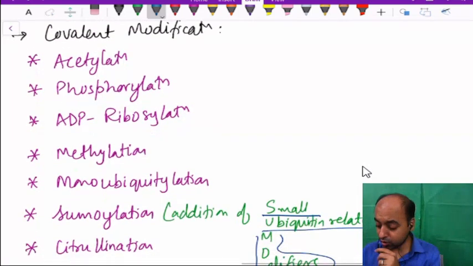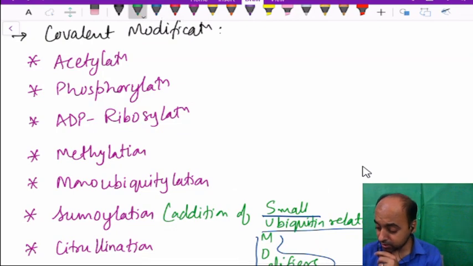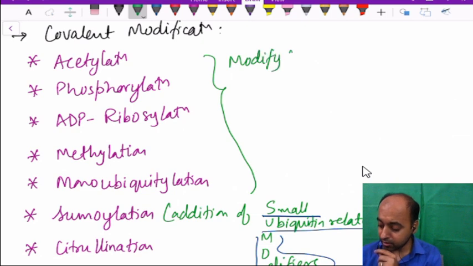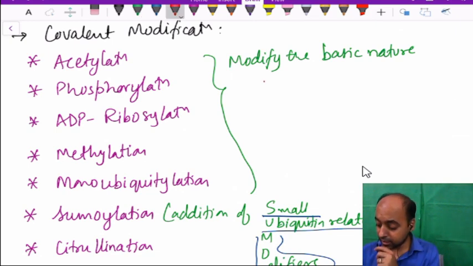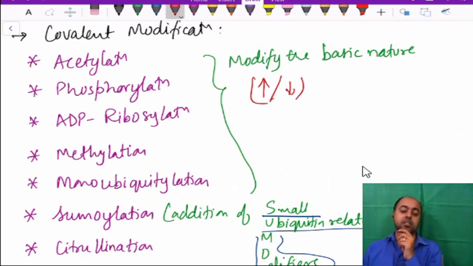The net result of all these modifications is they modify the basic nature of the histone. They can increase as well as decrease the basic nature.